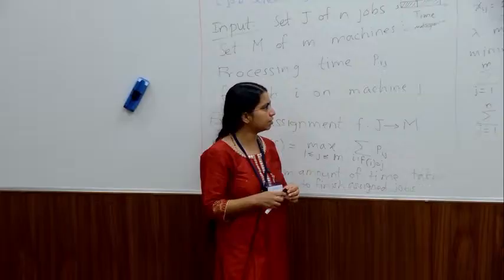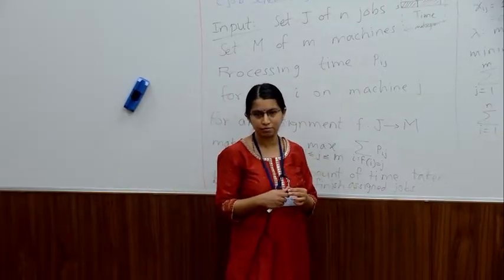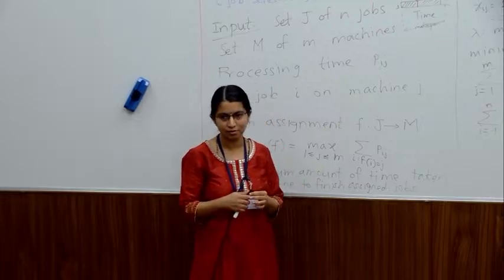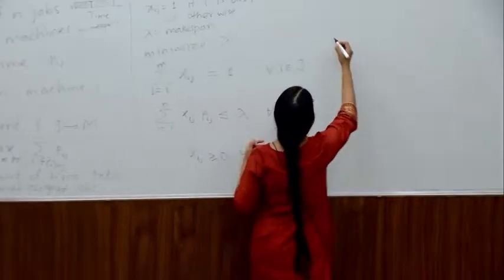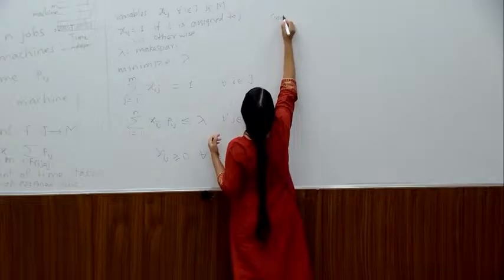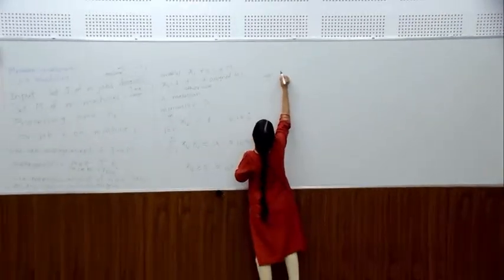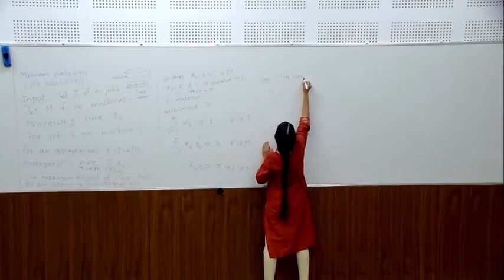Okay, so we have this LP, and now we should ask ourselves, is this a good LP? Now, good in what sense? So consider the following scenario. This particular case we want to consider: only one job with time t on all machines.